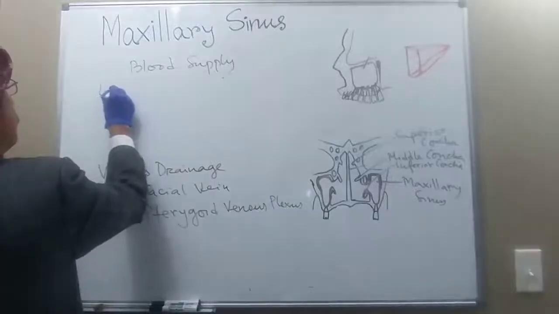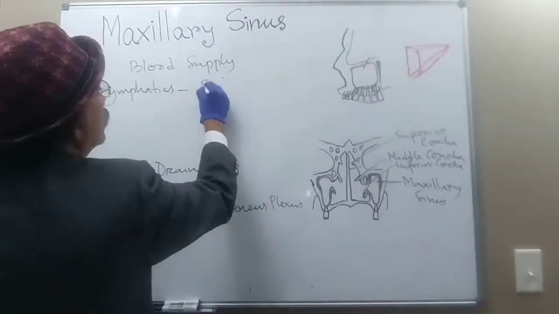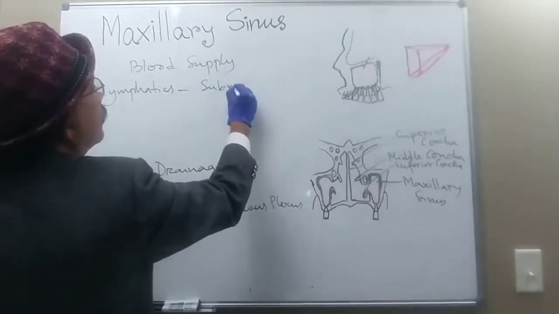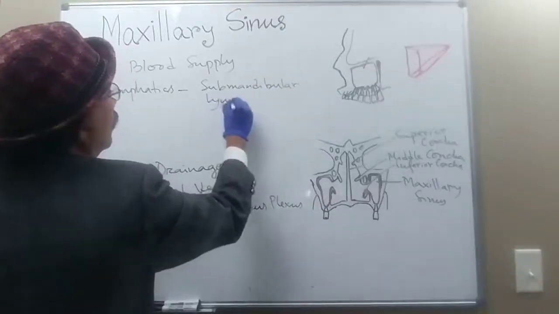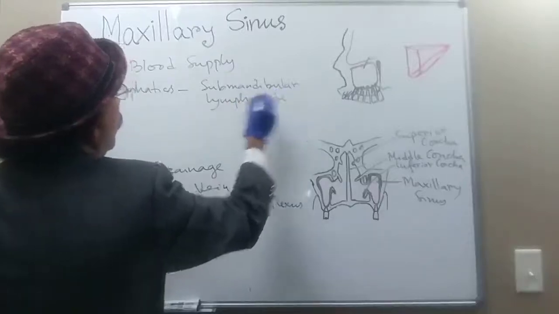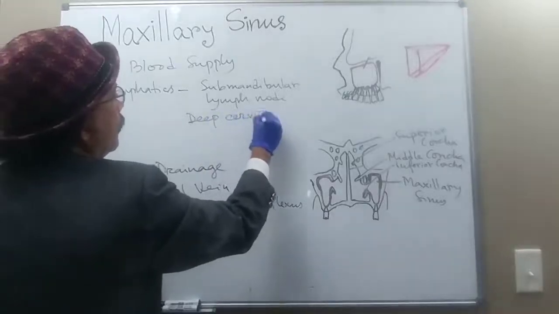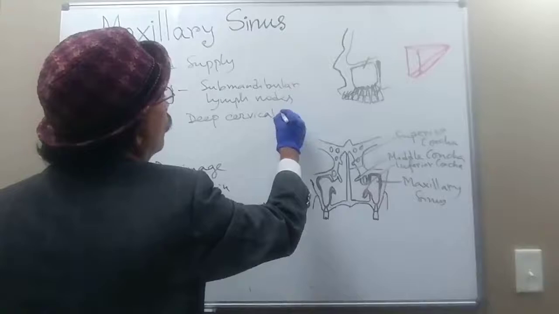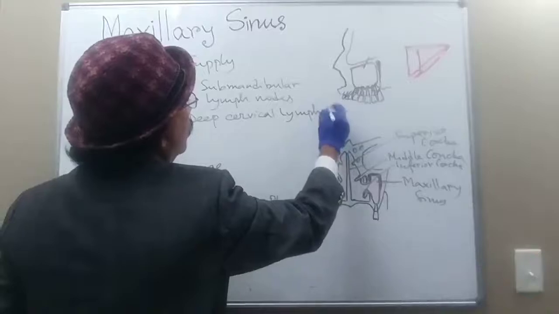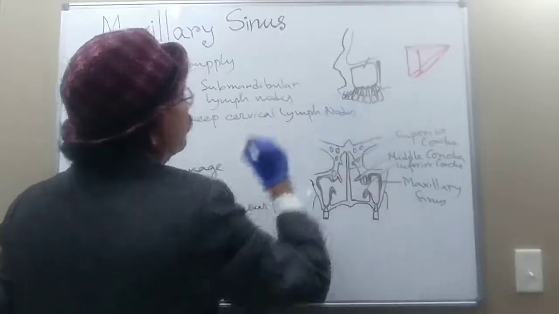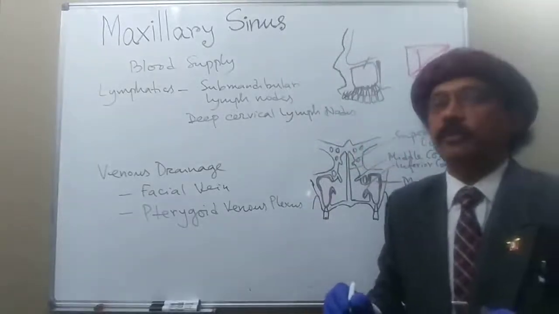Lymphatics will go to the submandibular lymph node, and also to the deep cervical lymph nodes. Okay, we got arterial supply, venous drainage, lymphatic drainage.